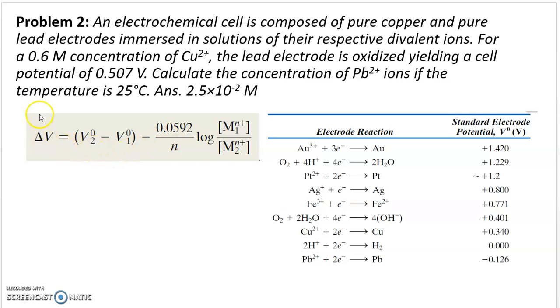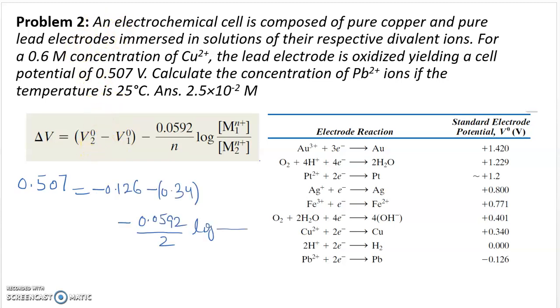The potential is 0.507 volt, equal to V2 minus V1, the standard half cell electrode potentials.